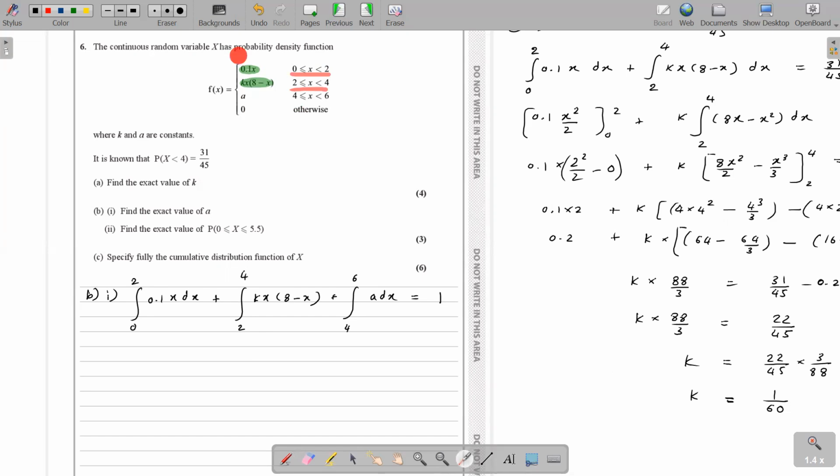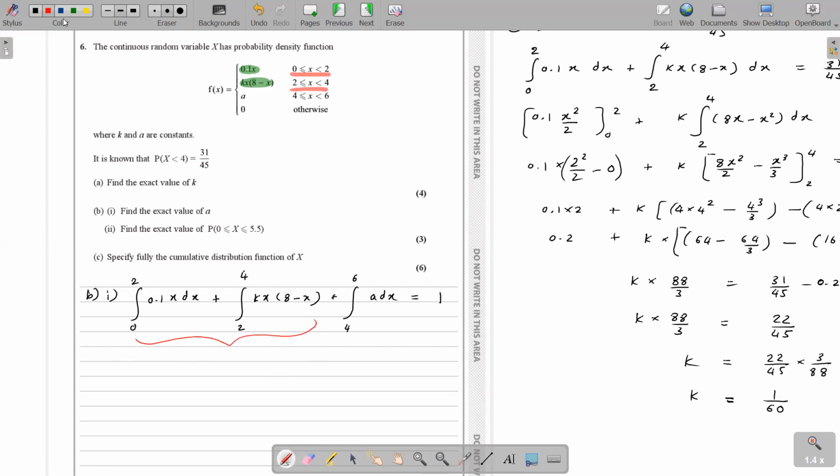Because it's a PDF, in order for this to be a PDF, the total area must add up to 1. And I know the area of this section, the probability x less than 4, because it comes until 4. We already know the answer for this part, which is 31 over 45.